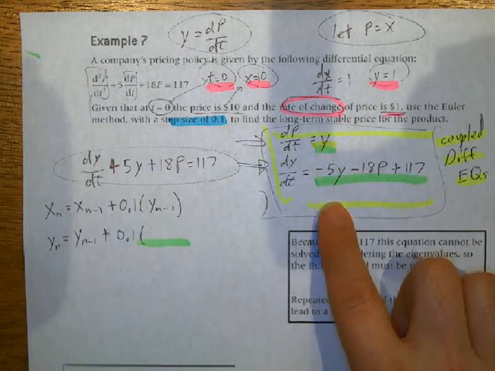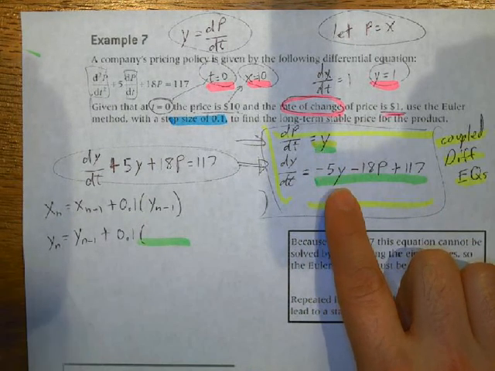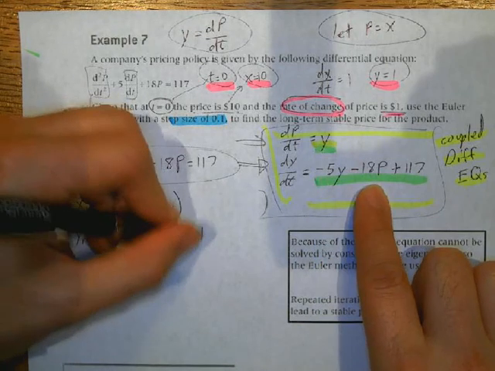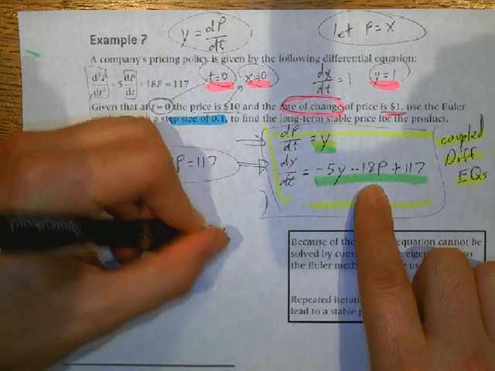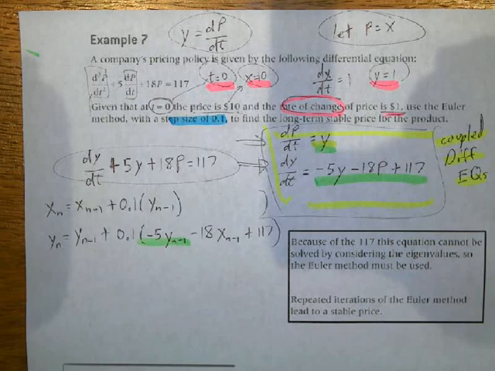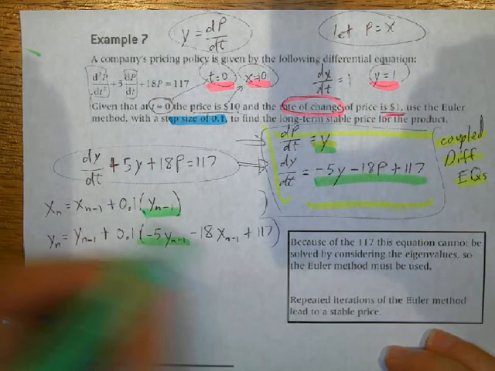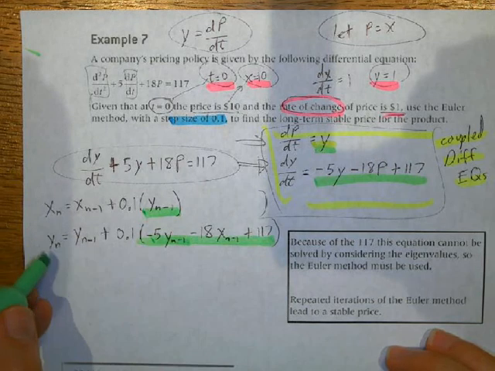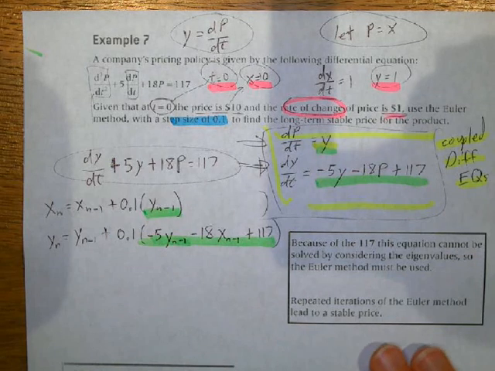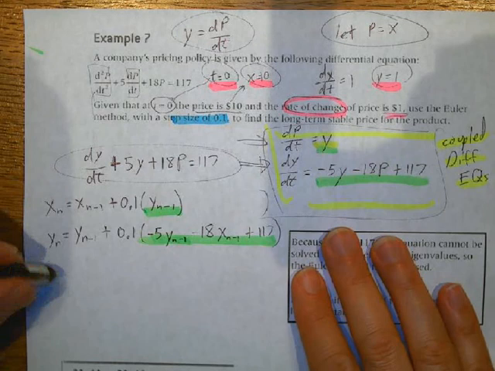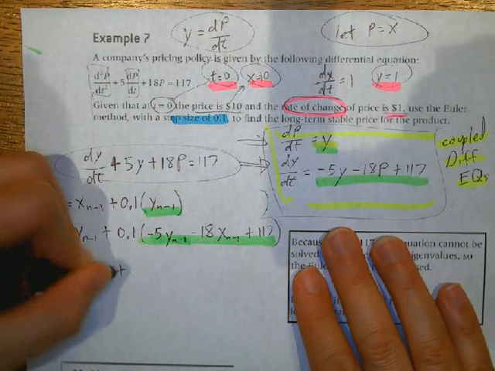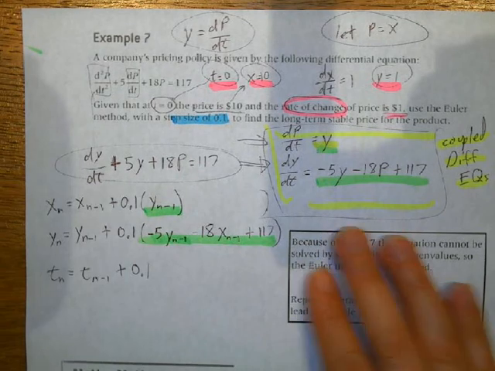Okay, and now I'm going to write this: minus 5 y subscript n minus 1 minus 18 x subscript n minus 1 plus 117. Okay, good. And then the final portion of what we're going to do here, t subscript n equals t subscript n minus 1 plus 0.1, and there we have it.